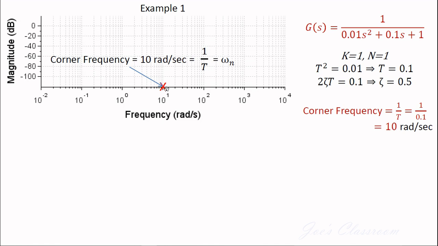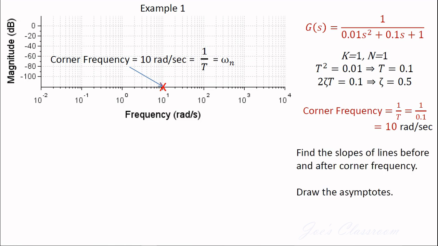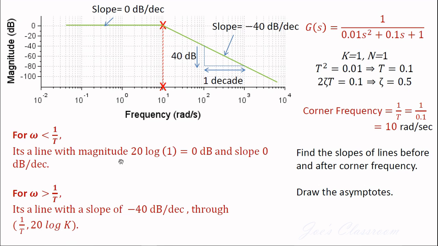And of course, you can mark this corner frequency in the semi-log graph. Once it is done, it is a matter of drawing two straight lines. One straight line up to this corner frequency, and another straight line beyond this corner frequency. Up to this corner frequency, it is going to be a horizontal straight line with a magnitude of 20 log k. 20 log k here is 20 log 1, which is going to be 0 decibels.